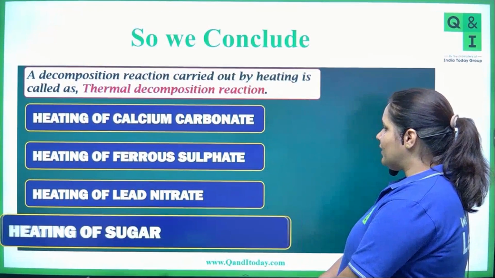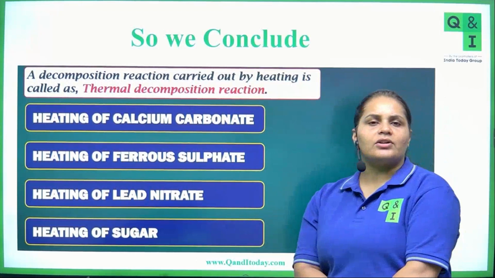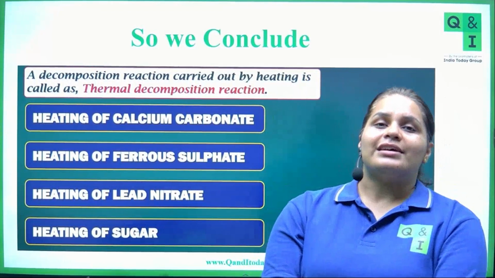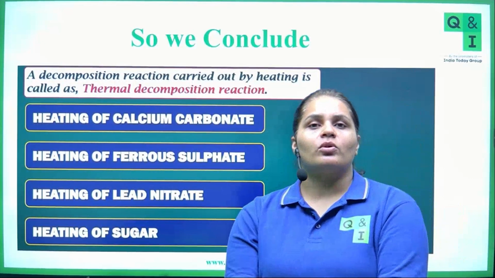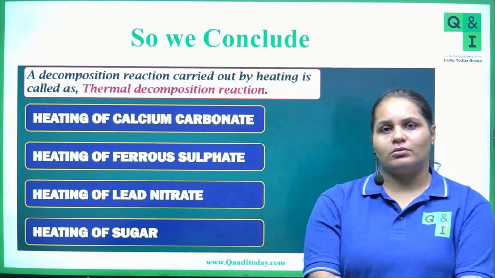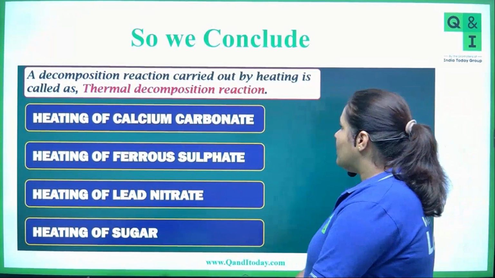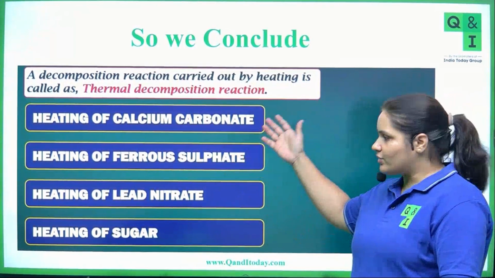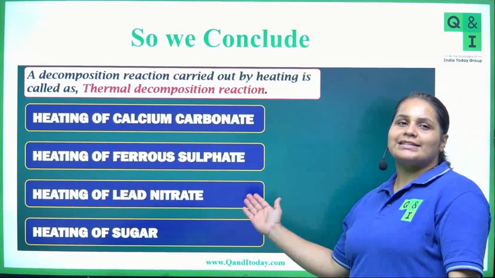Okay, and then finally we did the heating of sugar, and that is called charring of sugar. During the charring of sugar, the sucrose C12H22O11 gets decomposed into carbon and H2O vapors. Fine. So this is the thermal decomposition reaction where we saw 4 examples.